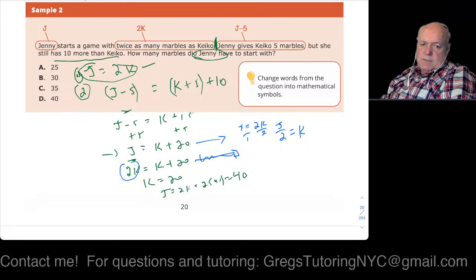If we have that original step, it was J equals K plus 20. So we're going to replace K now. J is equal to J over 2 plus 20. Okay? I don't like that fraction.